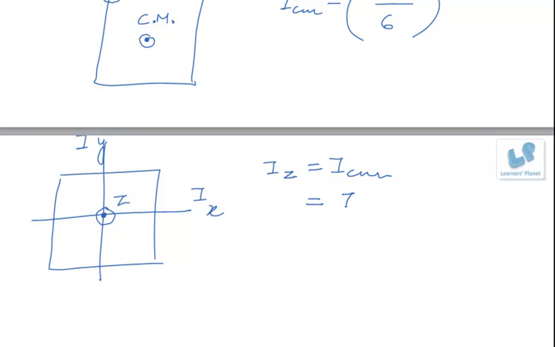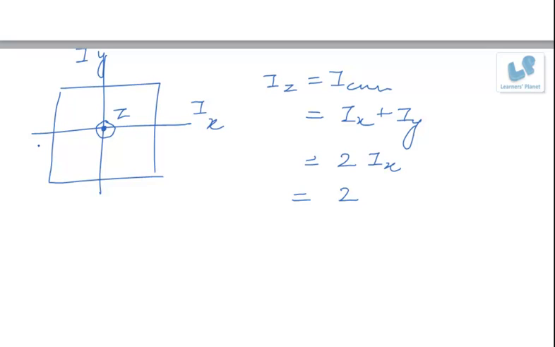Okay, so the moment of inertia about an axis passing through the intersection of these two, Ix and Iy, that is at the center of the square plate, would be Iz, or you can call it ICM. This will be equal to Ix plus Iy from the perpendicular axis theorem, which is 2 times Ix, and the moment of inertia about either of the axes, x or y, is ma square by 12.